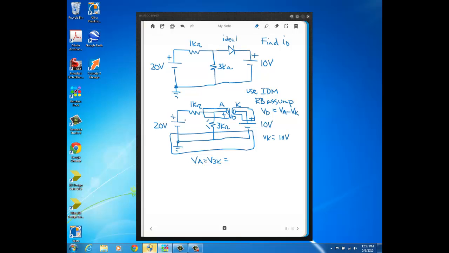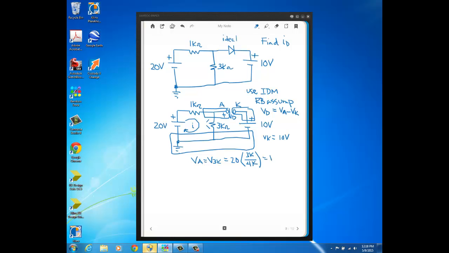And since current is only flowing in this path here, a single path for current flow, the 1K and 3K resistors are in series. So I can use the voltage divider equation to find that voltage. It's just going to be the 20 volts times 3K over 4K.